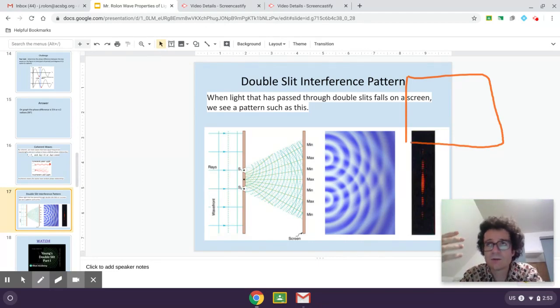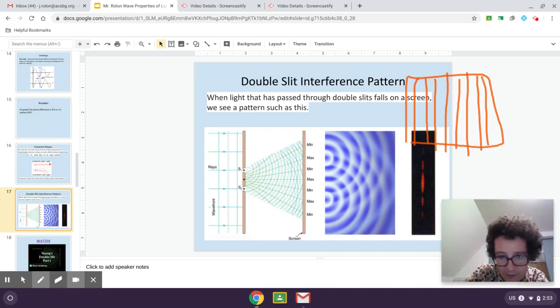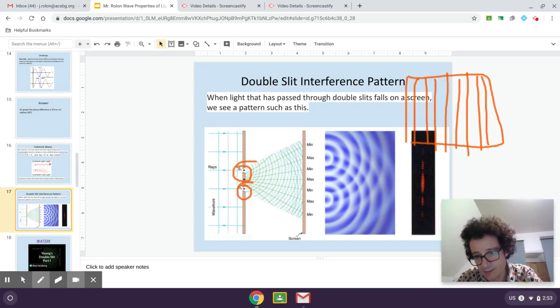One was 100 lines per millimeter, the other 300, and the other 600 lines per millimeter. So a lot of little spaces. Here we have just two, not 10 or 100 or 600 per millimeter, but just two.